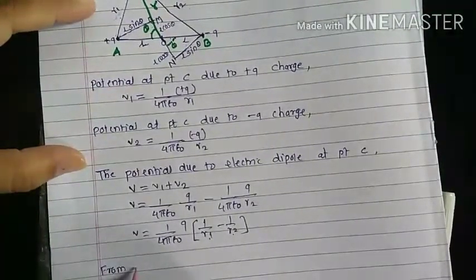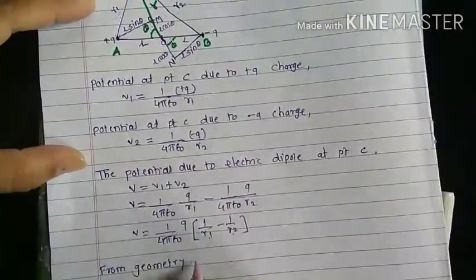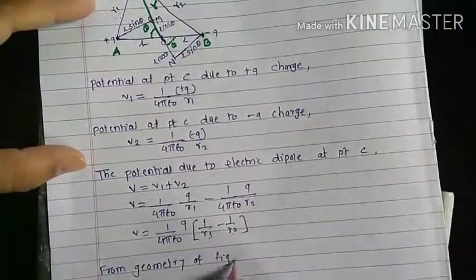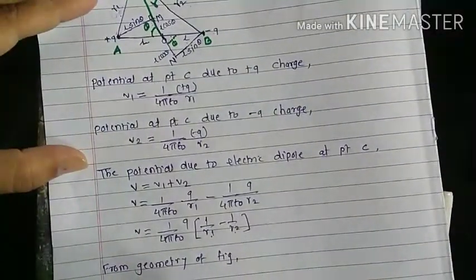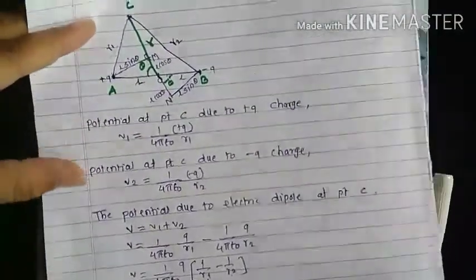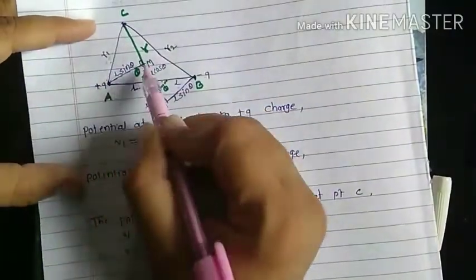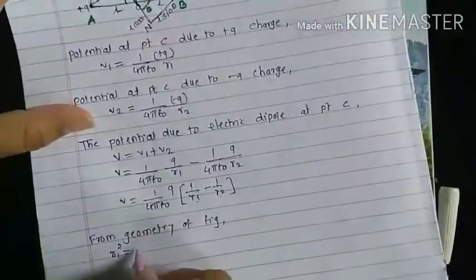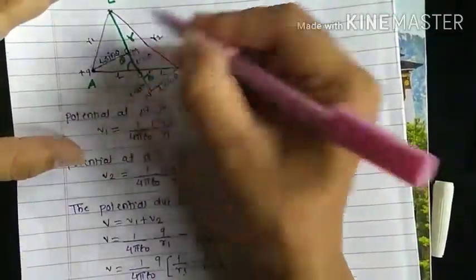From geometry of a figure, R1 square is equal to, look again at the diagram, AM square plus CM square.